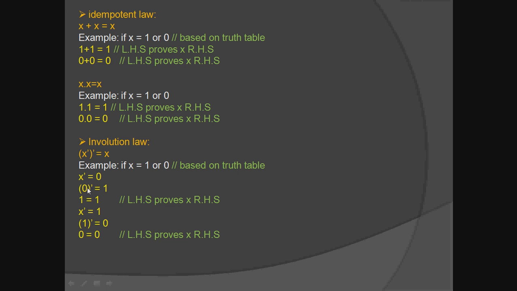Since x inverse equals 0, 0 inverse will be 1, which proves LHS equals RHS. X is 1, so 1 equals 1. Now if x equals 0, that means x inverse is 1, right? Now 1 inverse is 0, which proves that LHS equals RHS. Clear?